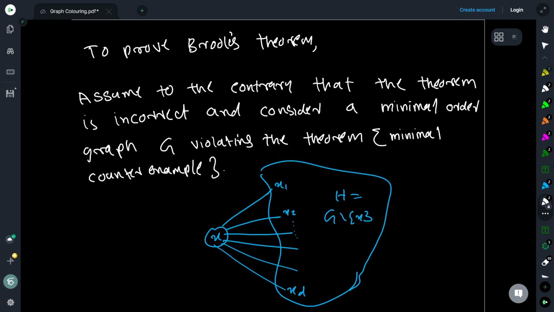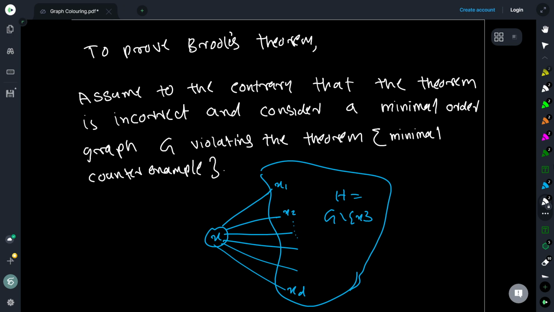So the remaining graph H has a delta coloring, and if I can extend it to x, right, then I am done. So now what can you say about x, right? So x is a vertex that I have removed, and x has, let's say, neighbors x1, x2, etc., xd, where d is the degree of x.